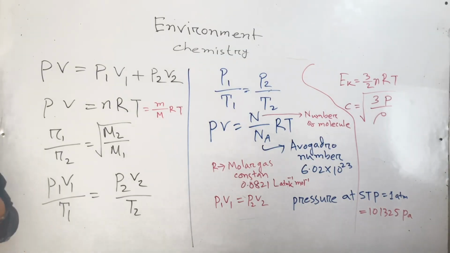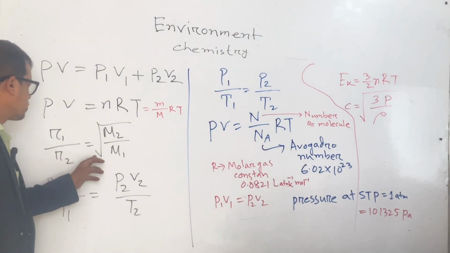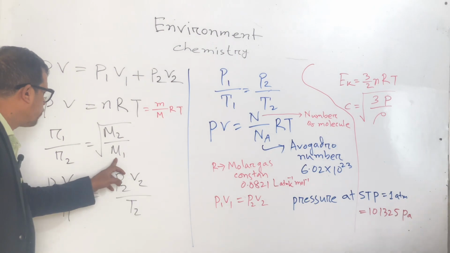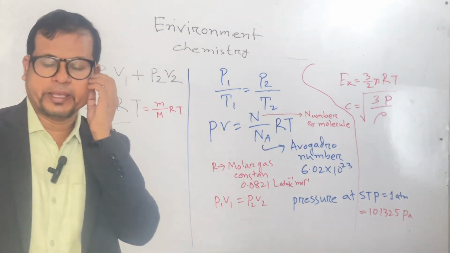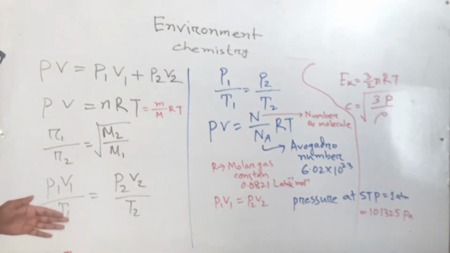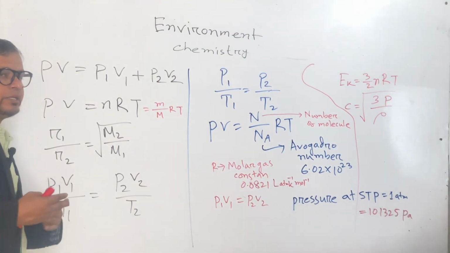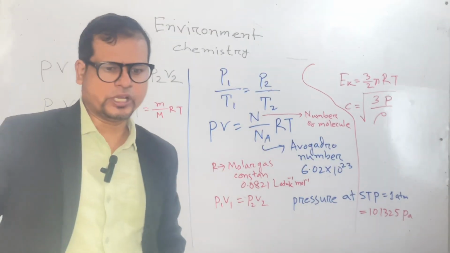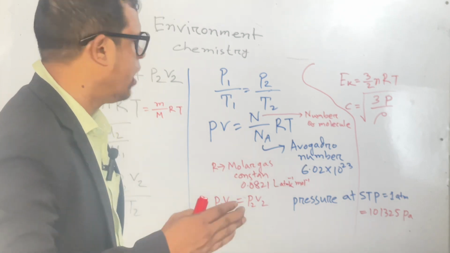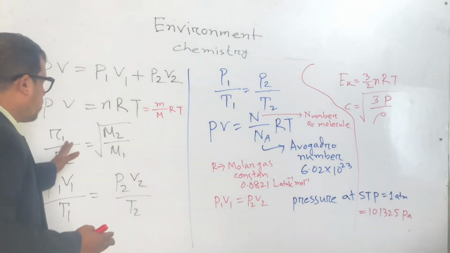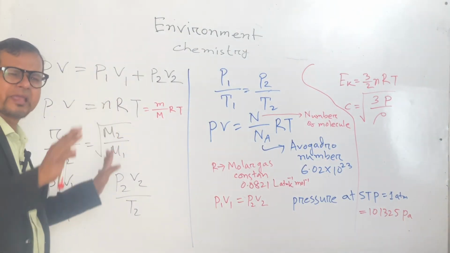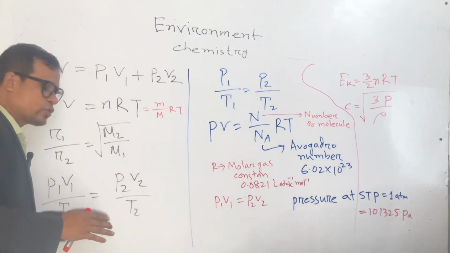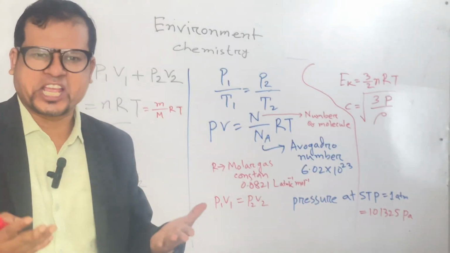Here is the formula R1 over R2 equal to root over M2 over M1. R1 is the diffusion rate of the first gas, and R2 is the diffusion rate of the second gas.